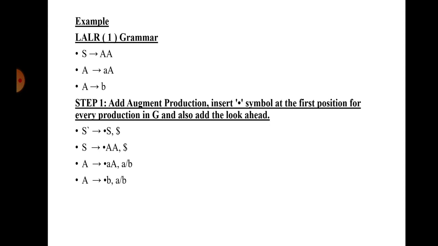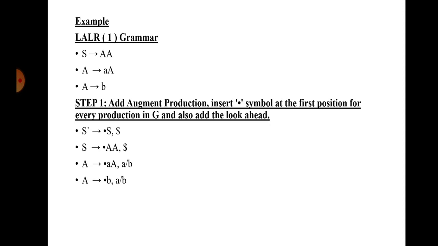So we introduce a new start symbol S dash. S dash tends to dot S, S tends to dot AA, A tends to dot small a capital A, A tends to dot b. The dot position placed in each and every production is known as LR(0) items, and introducing a new variable is called augment grammar or augment production.